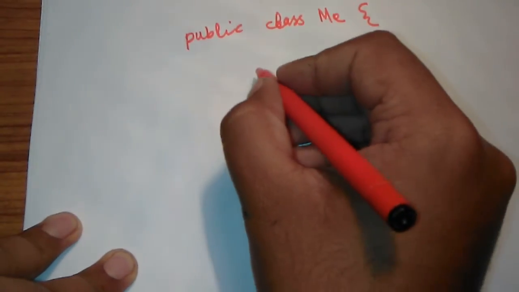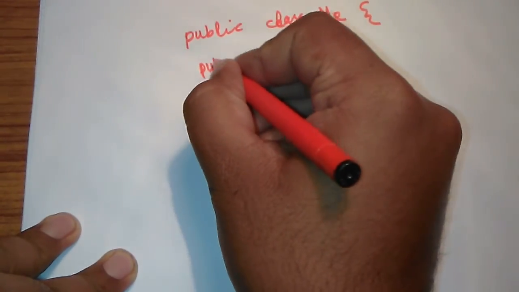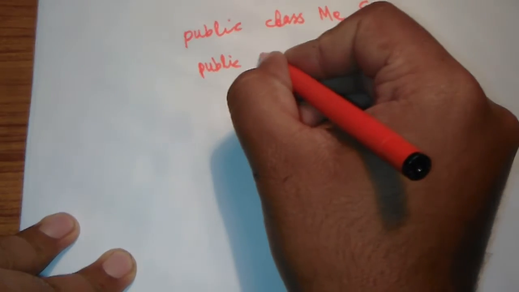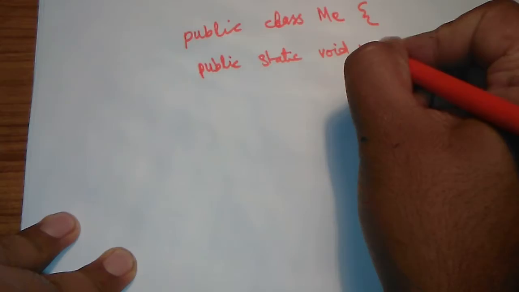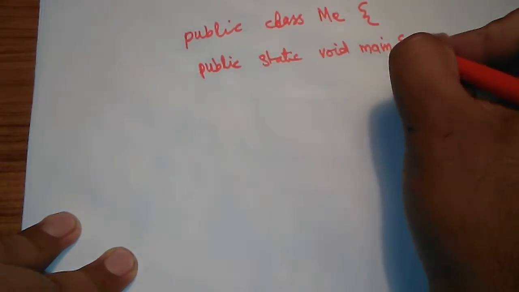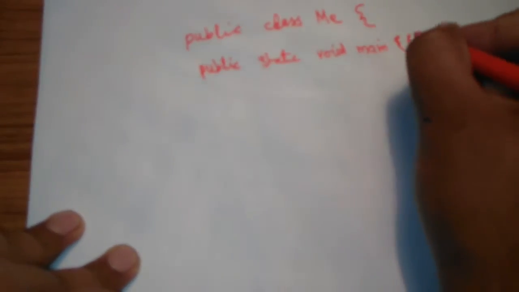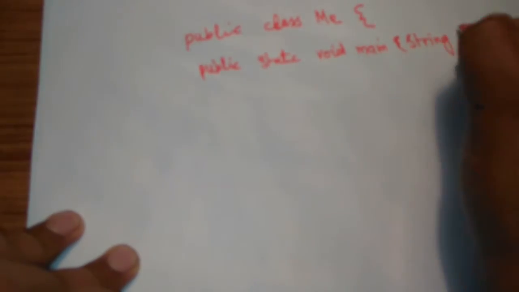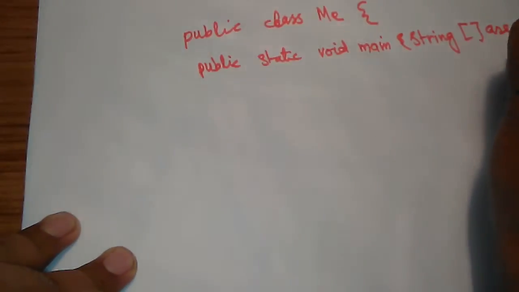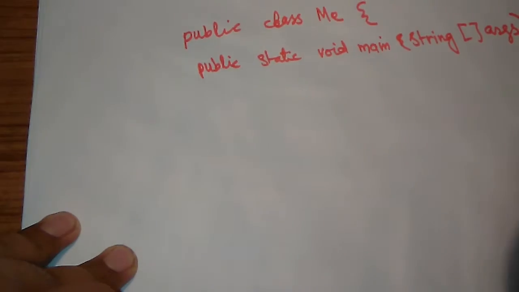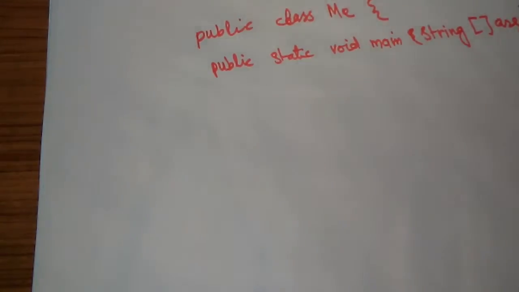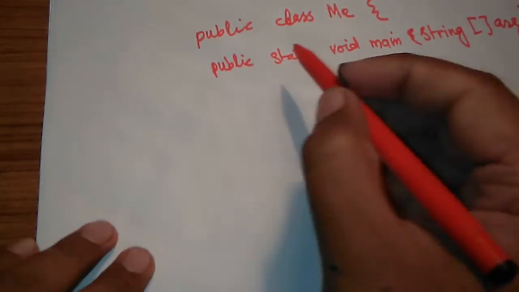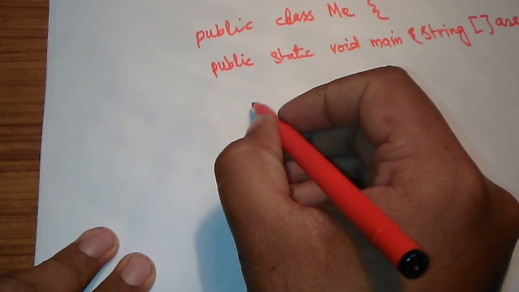Now I'm going to write the next lines: public static void main String args, and I am going to start it. Now I am going to write a code here. I am going to perform simple things like that.